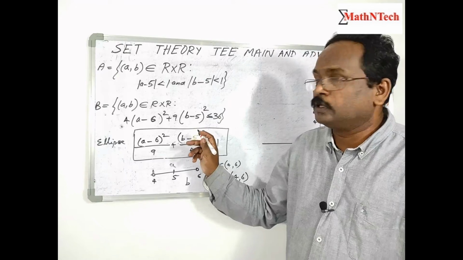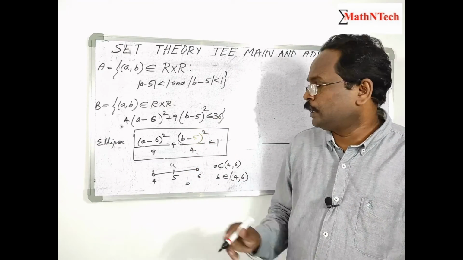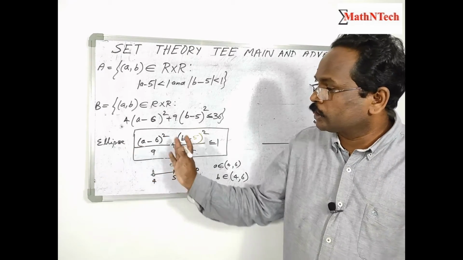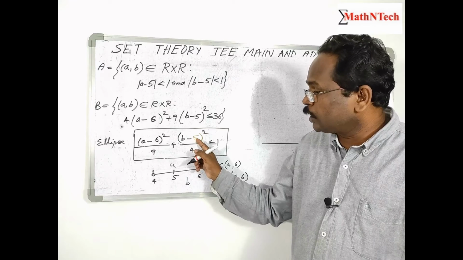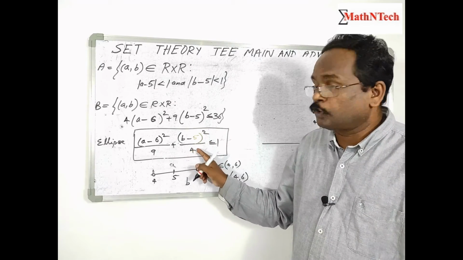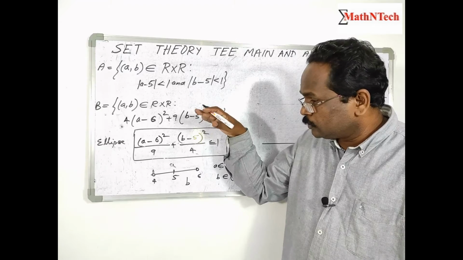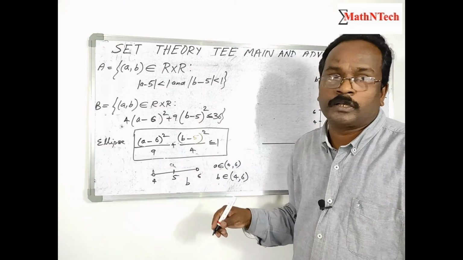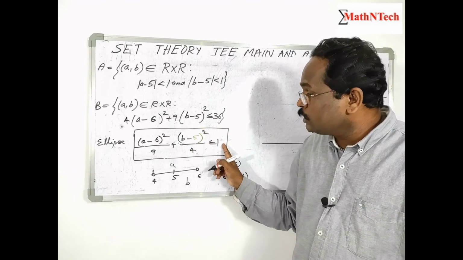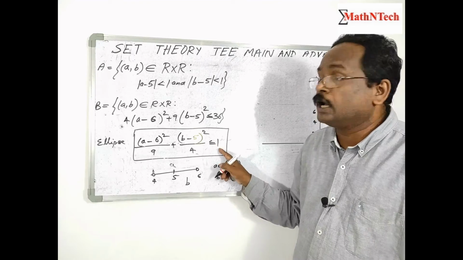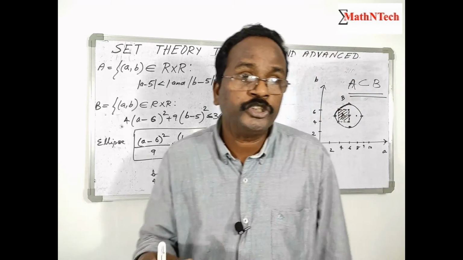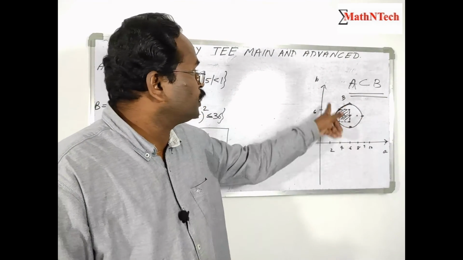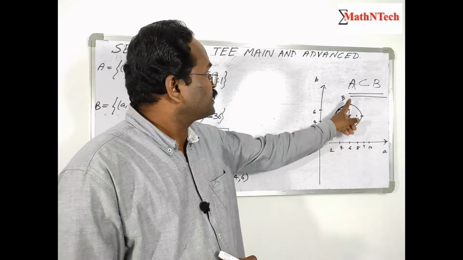That point is (6, 5), the center. Under 9, 3 square is 9, so move 3 units left and 3 units right. Under 4, 2 square is 4, so move 2 units downward and 2 units upward. Mark (6, 5) as the center. That ellipse, the points on the ellipse and the interior of the ellipse, because it is less than or equal to 1. So from the figure it is clear that A is a subset of B.